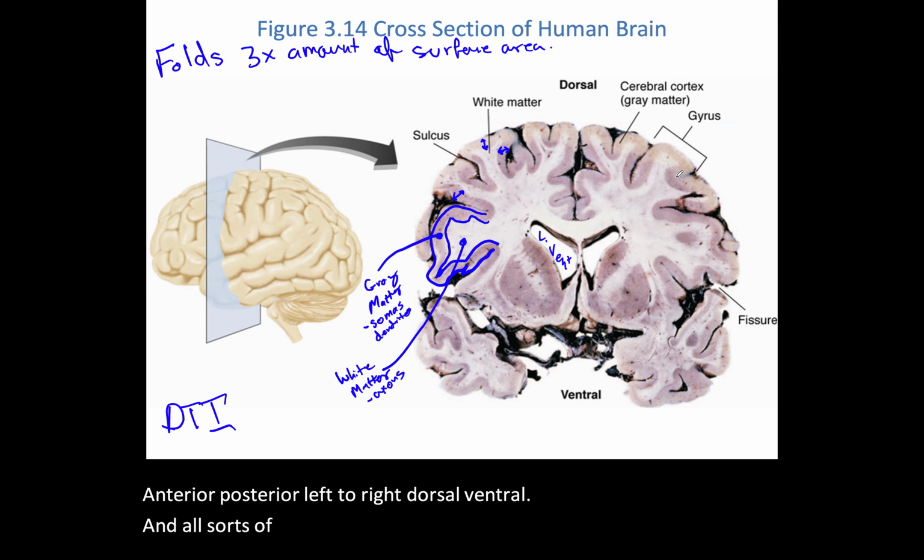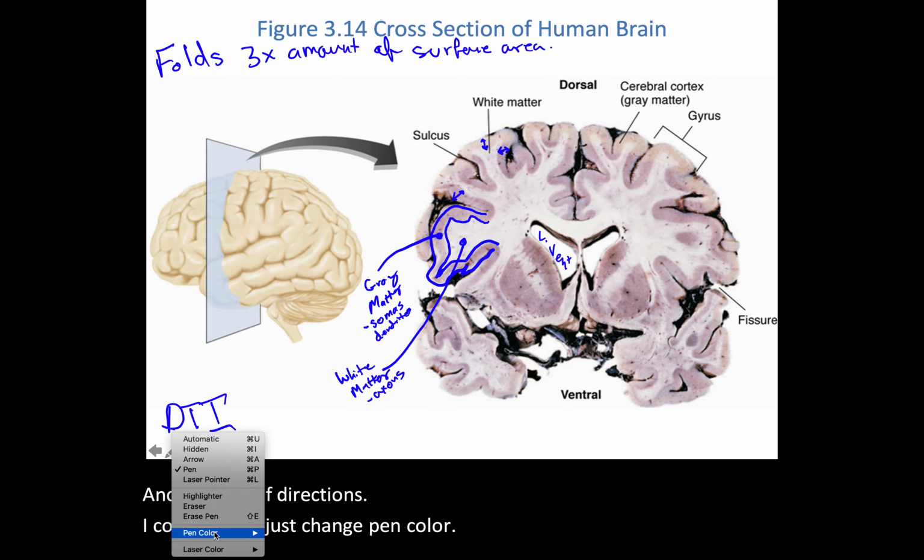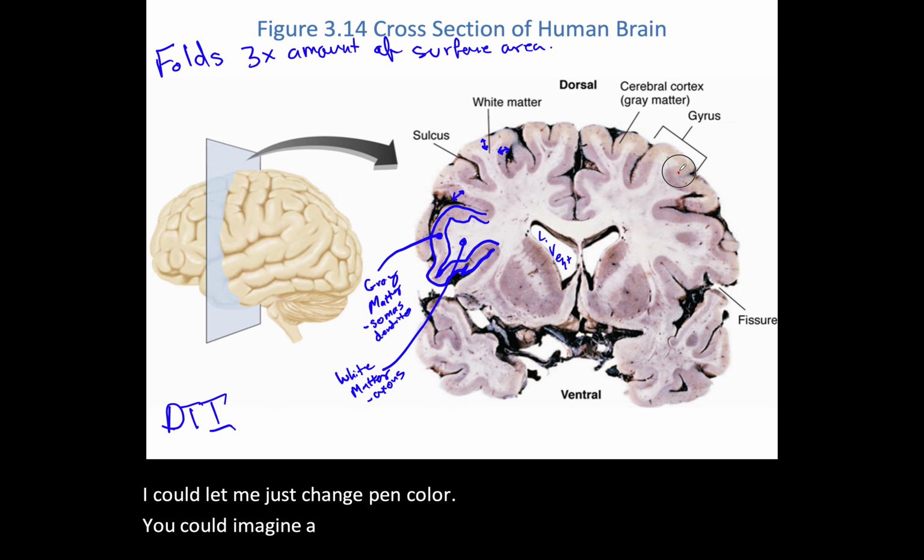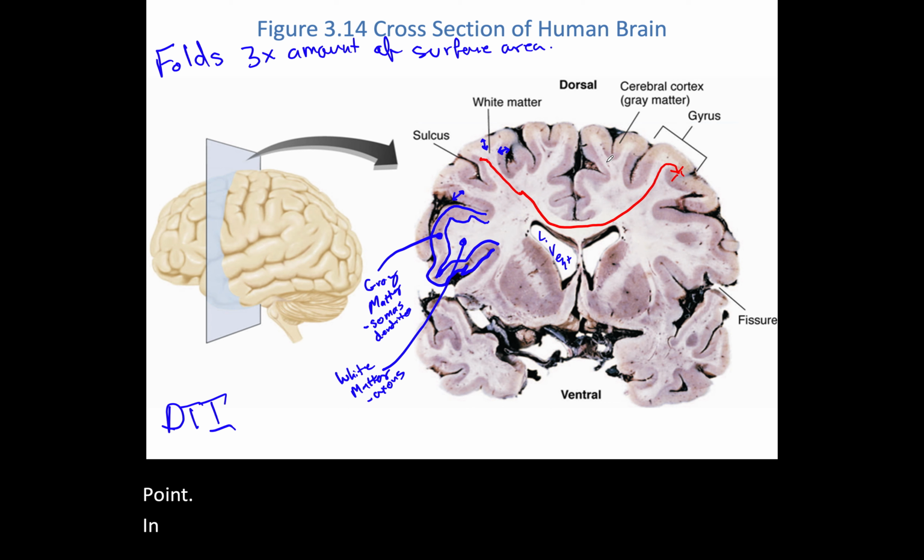So let me just change pen color. You could imagine a neuron here. Maybe sends its axon to a similar point in the other hemisphere.